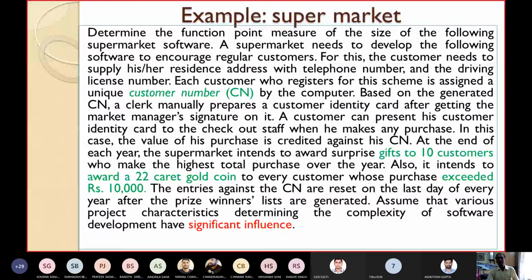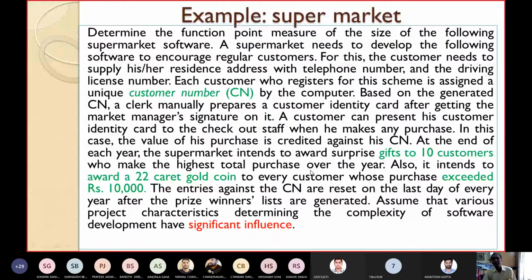Then at the end of each year, the supermarket intends to award some surprise gifts to 10 customers who make the highest total purchase over the year. Also, the supermarket intends to award a 22 carat gold coin to every customer whose purchase exceeds rupees 10,000.